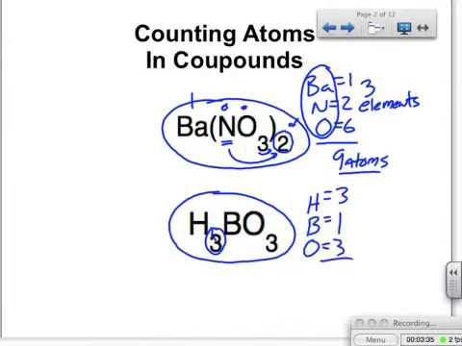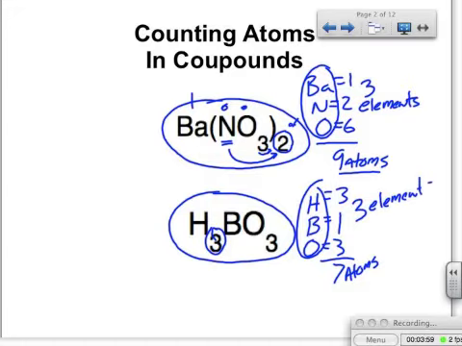So how many total atoms do we have in this compound? Well, we have 3 plus that 1, that makes it 4, plus this other 3. So we have a total of 7 atoms, okay? But how many total elements make up this molecule? Well, there's only 3 elements that make it up.